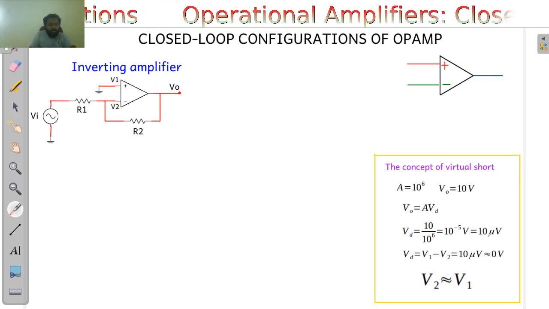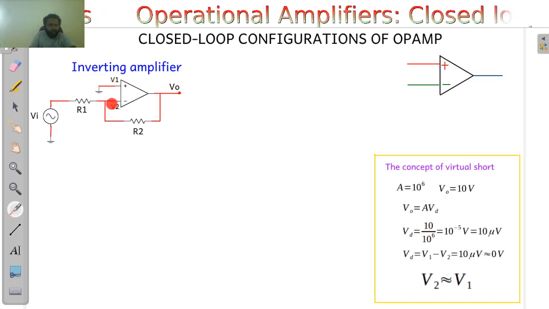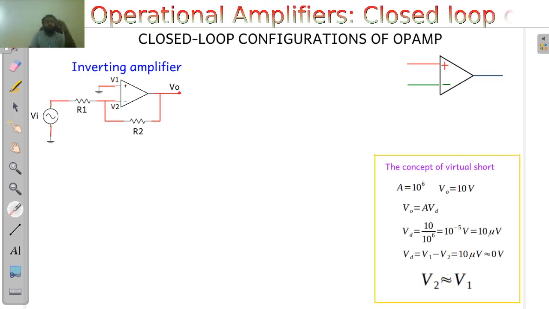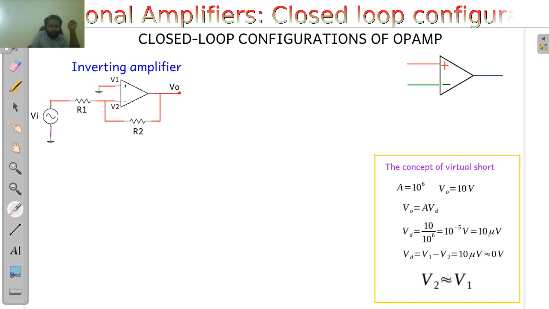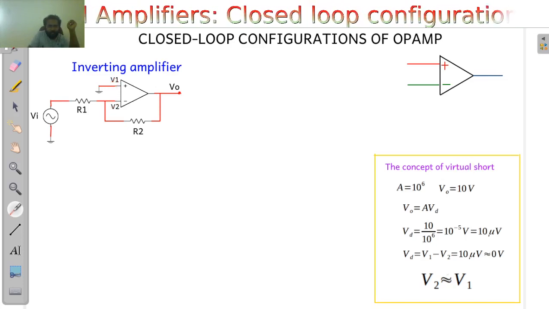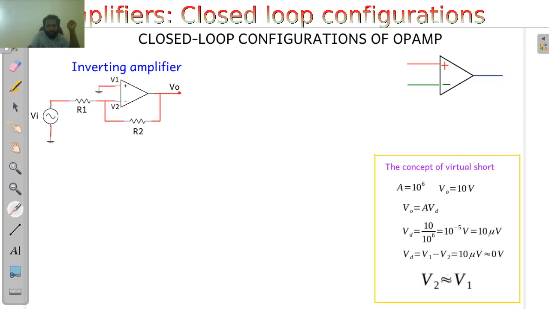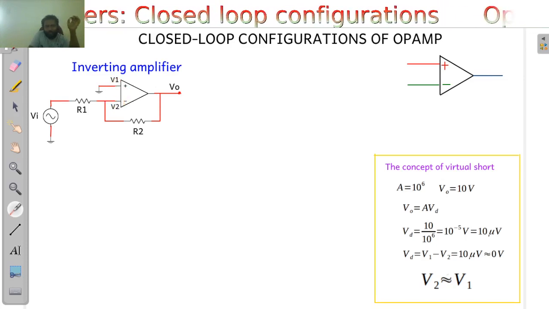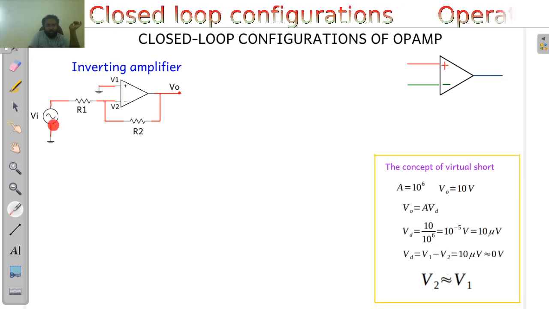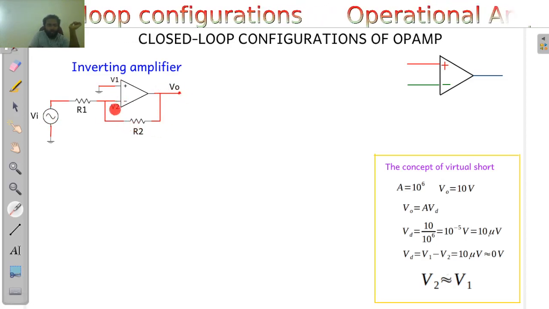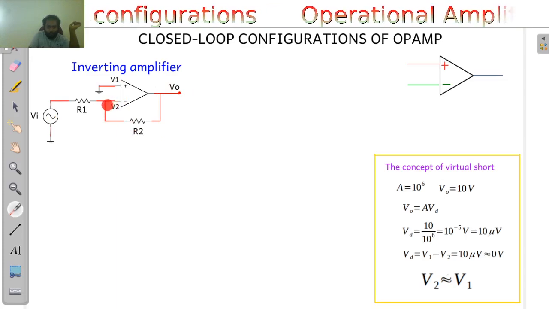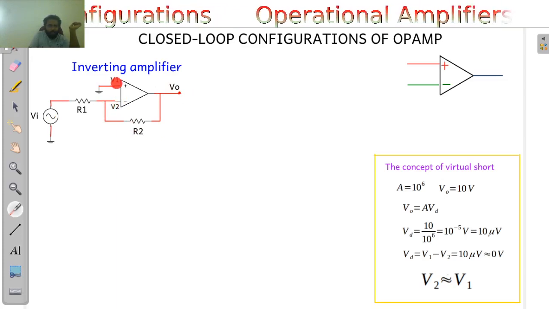That means the potential at V1 and the potential at V2 should be the same. This is called virtual short. That means we are trying to connect V1 to V2, somewhat like that. But it is not directly connected; the effect is such that whatever be the input voltage, the output voltage tries to make a feedback voltage equal to V2, which is almost similar to V1.